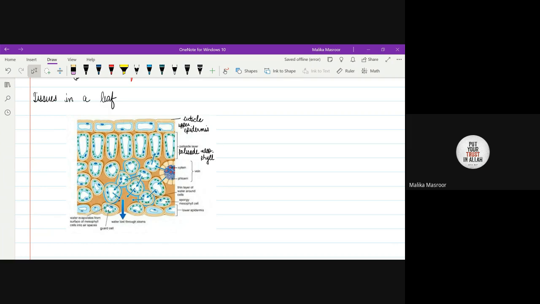The cuticle is there for making it waterproof. It also provides a physical barrier to pathogens. Is this clear? The upper epidermis is just there, it's like the first layer of your leaf.